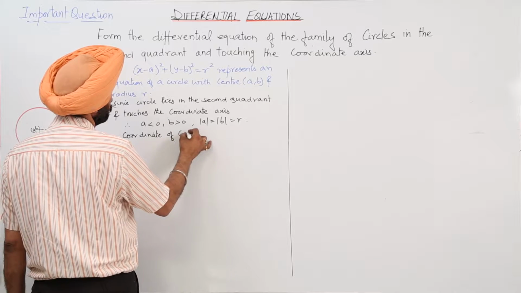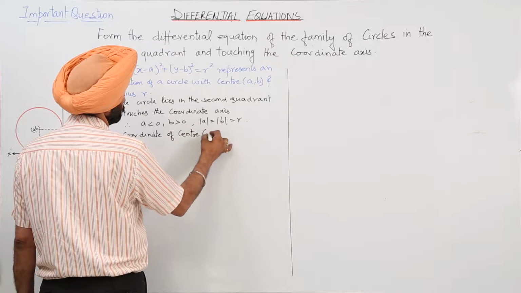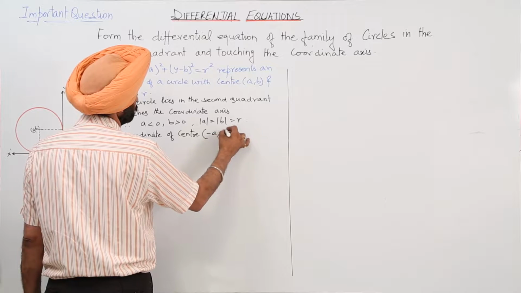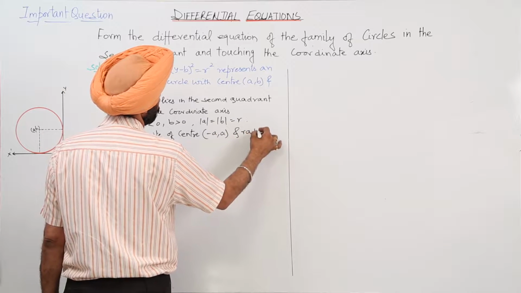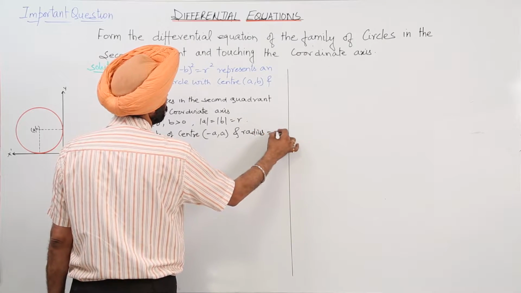Coordinate of center now becomes (minus a, a) and radius is equal to a.